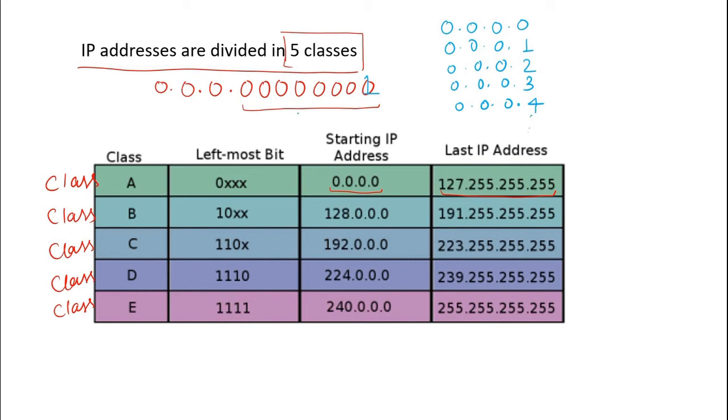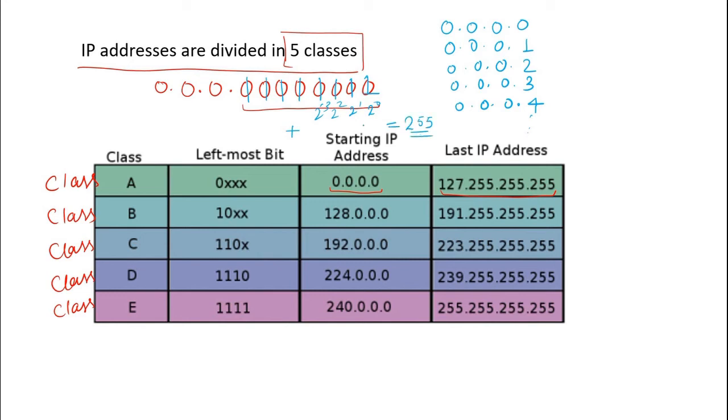It will go up to when all these bits are 1. When all the bits are 1, this will be 2 to the power 0, 2 to the power 1, 2 to the power 2, 2 to the power 3, and so on. If we add all these values, the maximum we can get is 255.